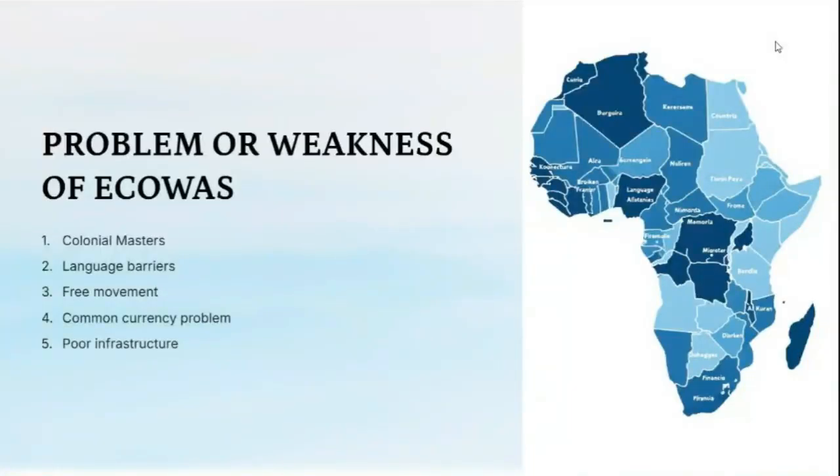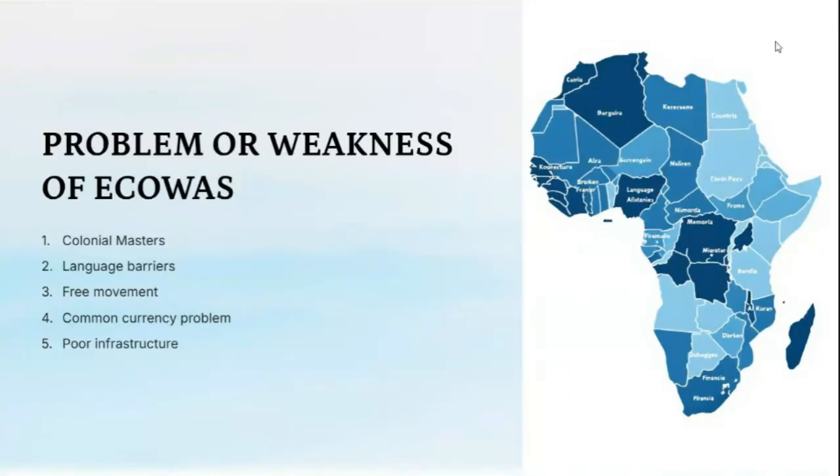Then we have the problems and weaknesses of ECOWAS. What are the problems? Yes, we know they are here to promote development, peace between states, economic development and the rest. But what are the problems that they face? One of the problems they face is colonial masters. Even though we claim we're independent, you know what is called imperialism.